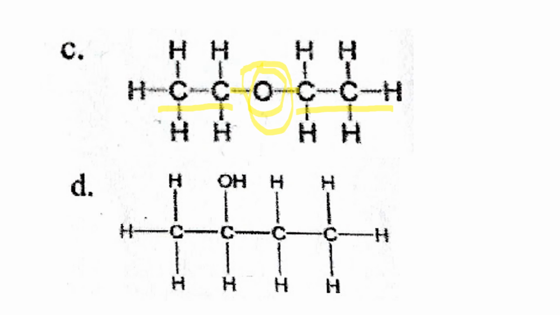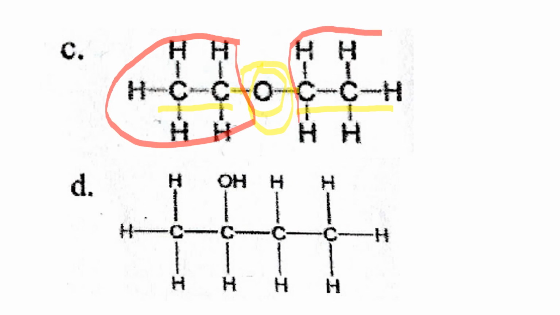So this R group is an ethyl group because it has two carbons. So, two ethyl groups. Here in letter D, you have four carbons.